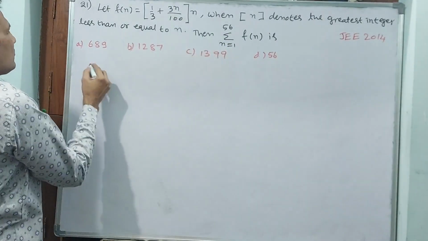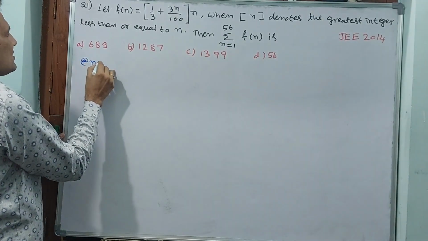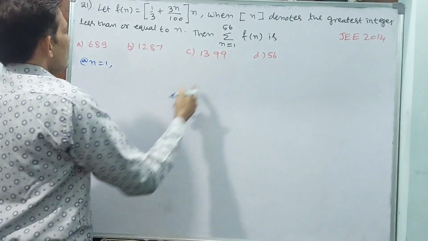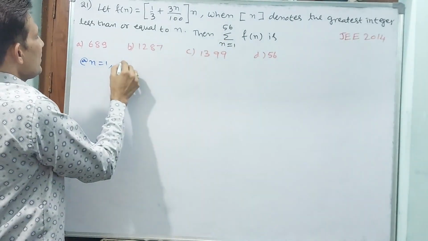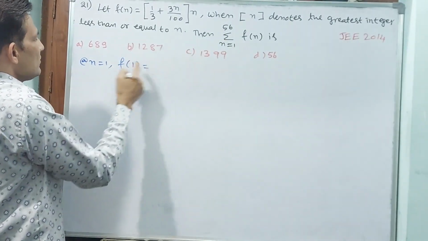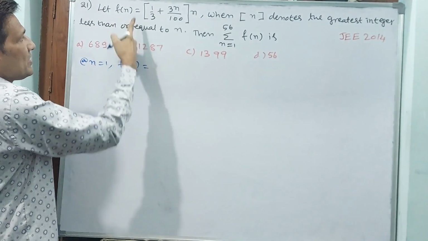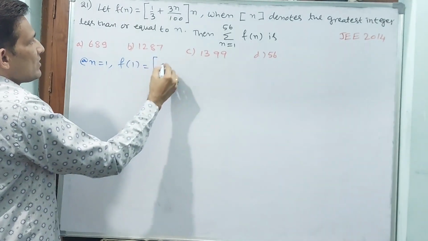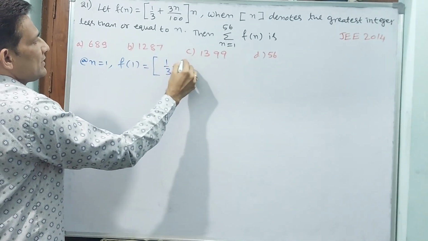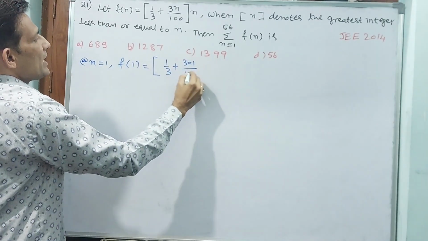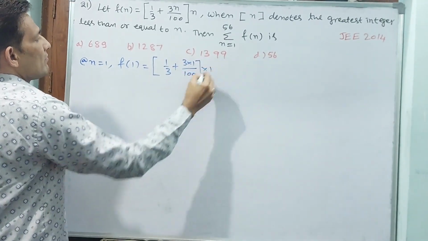At n is equal to 1, f of 1 is equal to the greatest integer of 1 by 3 plus 3 into 1 by 100, into 1.